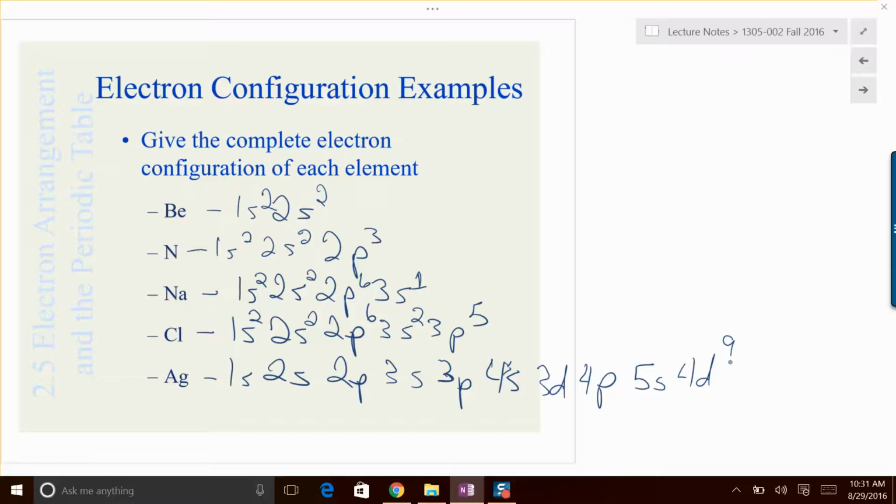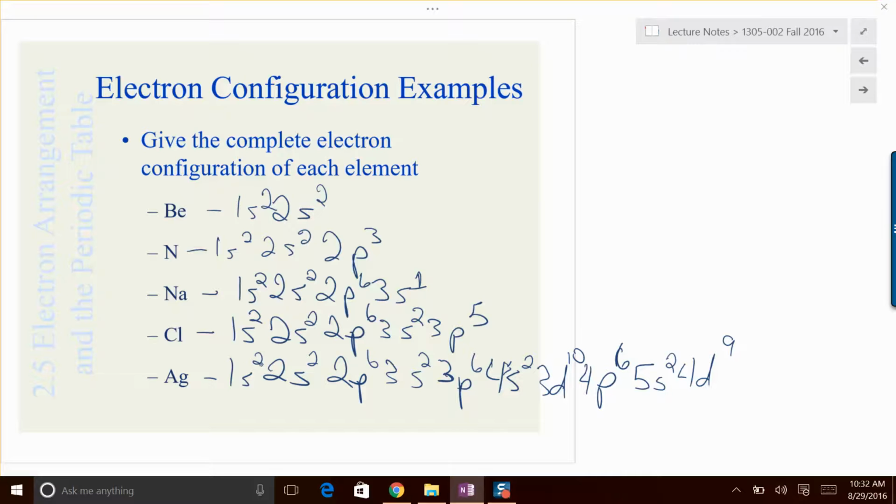Okay? So I go back and I fill everything in. All S's have 2, P has 6, D has 10. The electron configuration of silver is 1s2, 2s2, 2p6, 3s2, 3p6, 4s2, 3d10, 4p6, 5s2, 4d9.